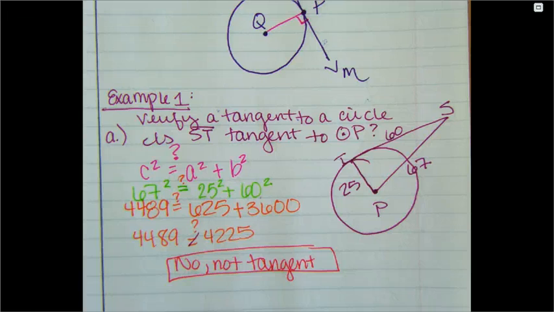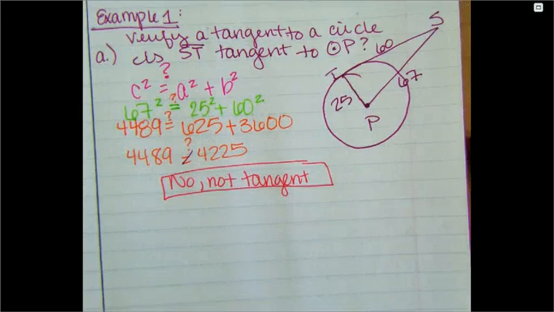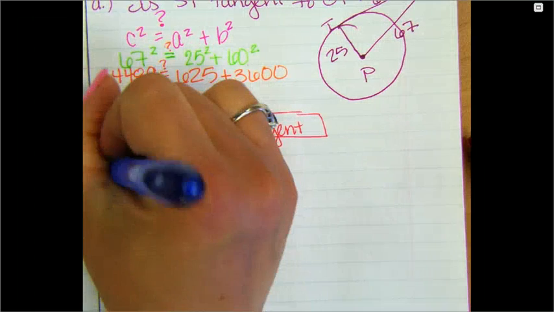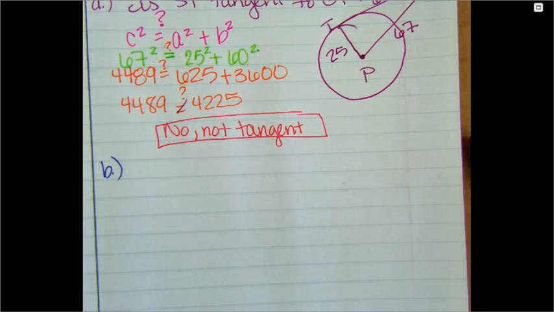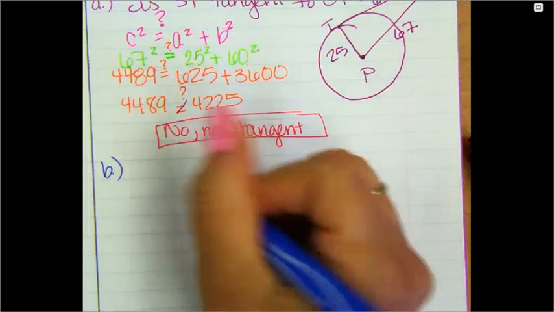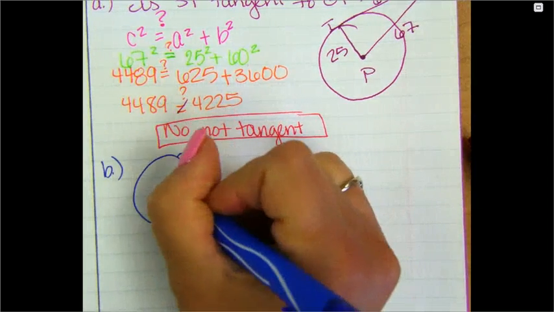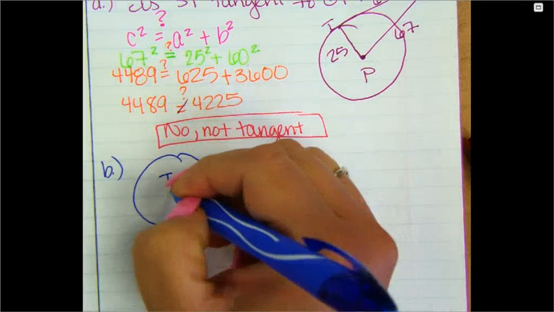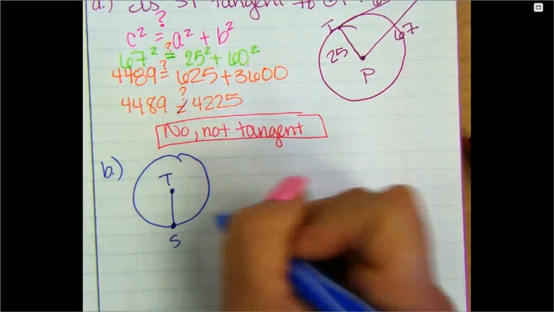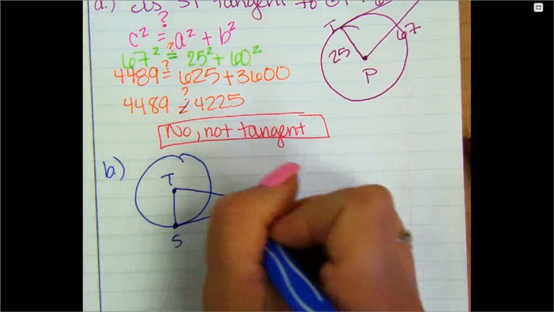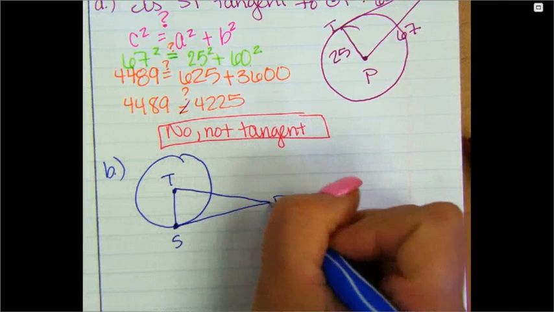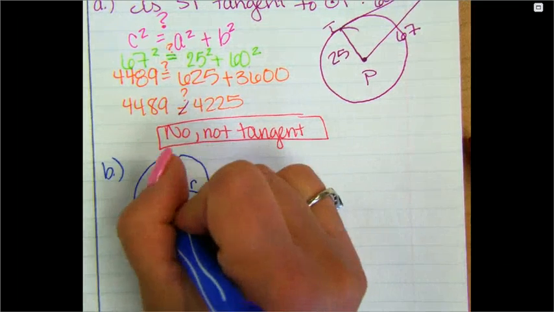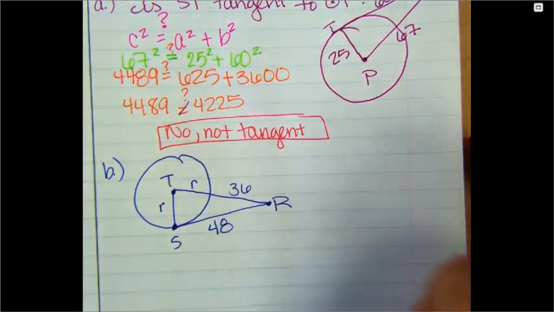Make sense? Good. I'm going to make it hard. Example B. Circle T, point S, R, 36, R, 48.